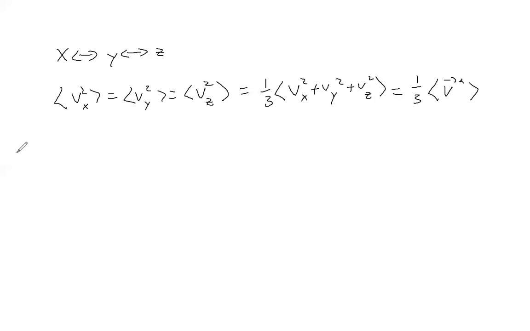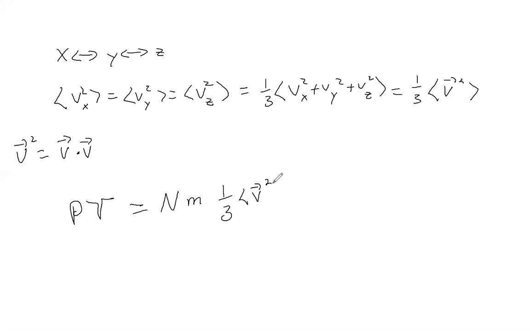Remember, V vector squared is V dot V, using the dot product. So I get the following interesting formula. I can write this as P times V equals the number of particles times the mass of each particle times 1/3 the average of the vector V squared.